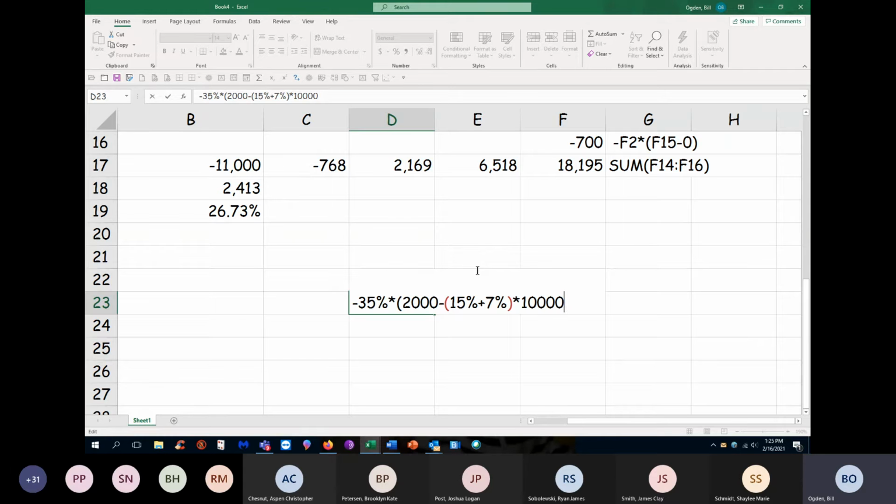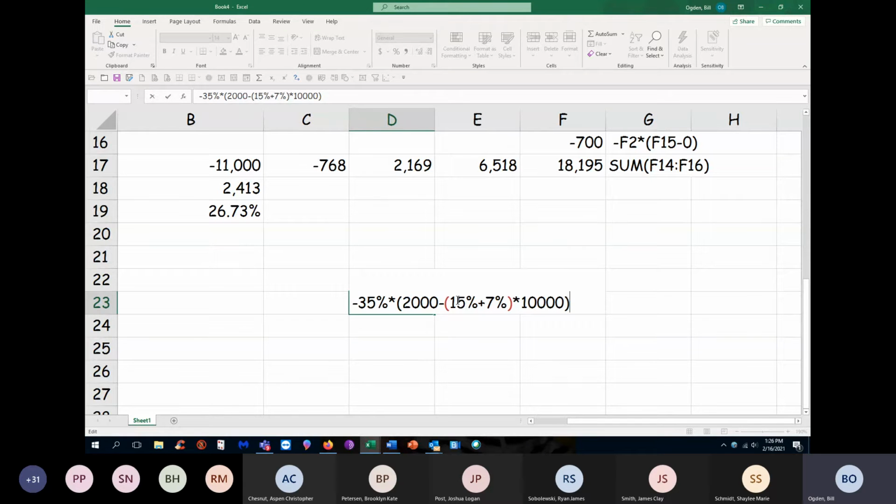So let's see what our tax cash flow turns out to be. Oh, no. Don't ever let Excel correct you. Oh, I need another parentheses. That's on me. Okay. So, minus T times salvage value minus book value.